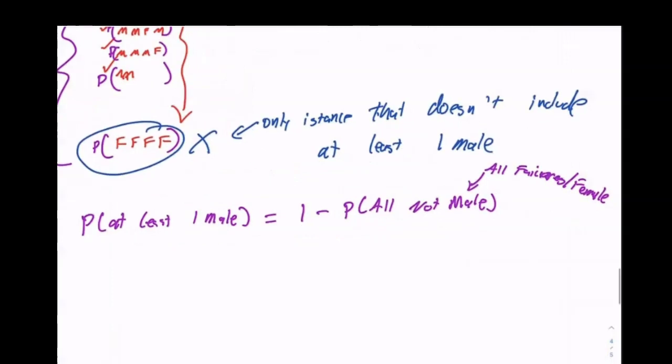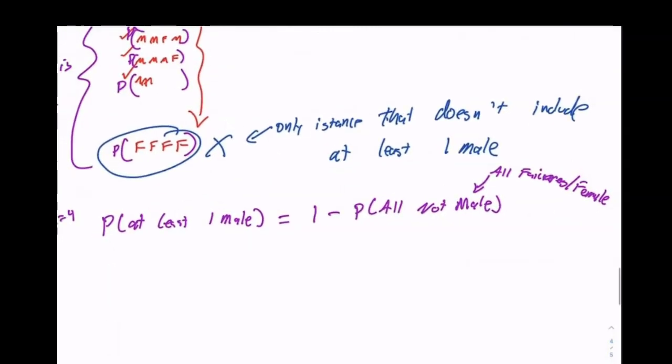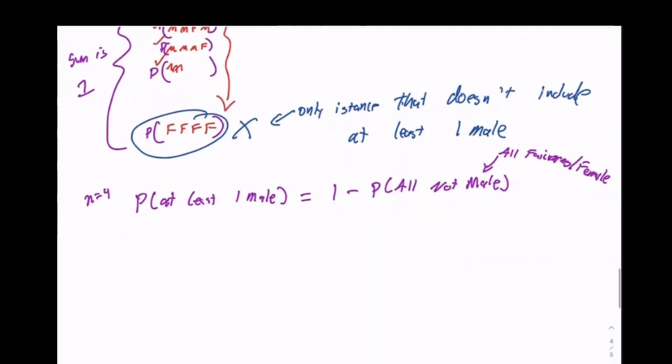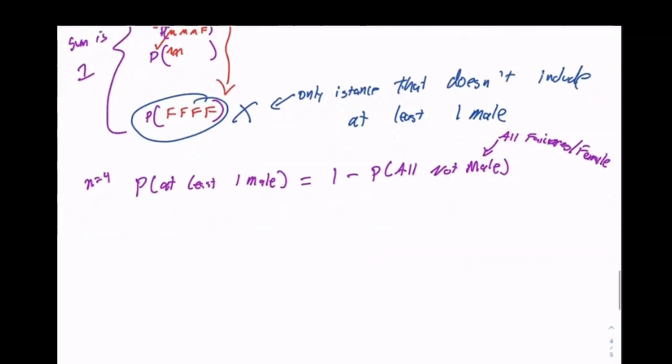I'm not saying females are failures. I'm just saying that we are looking to get at least a male in our selection, so not a male. So a success would be a male, and therefore a failure would be a female in that designation, which is not male. I could flip the script and say if I was looking for at least one female. Don't go saying that I call male females failures.